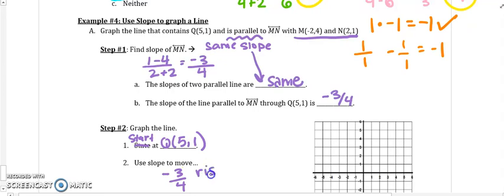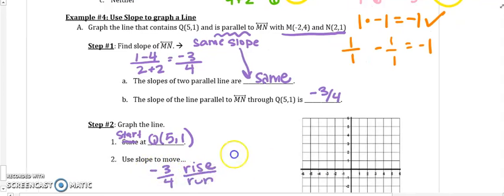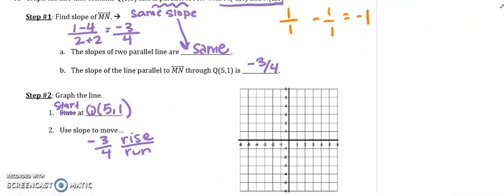So we're going to rise negative 3 and run 4. So let's do that. We're going to start at (5, 1), because that is Q, and then we're going to rise a negative 3 and run a positive 4. Okay, well, I run off my graph, no problem.